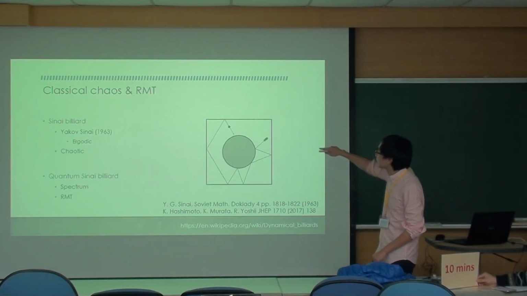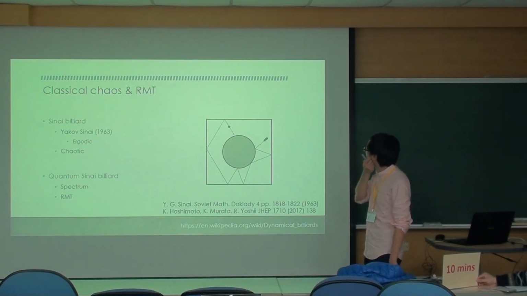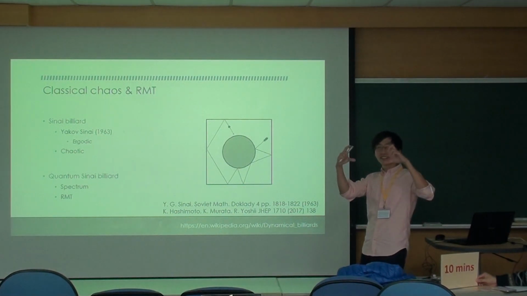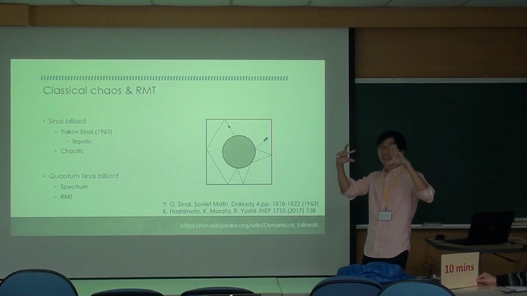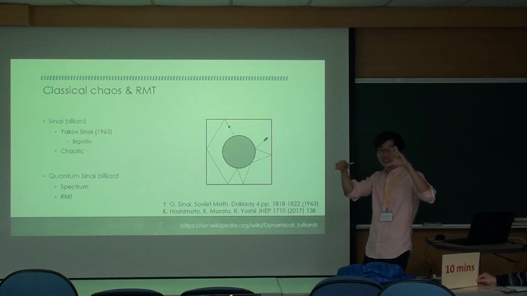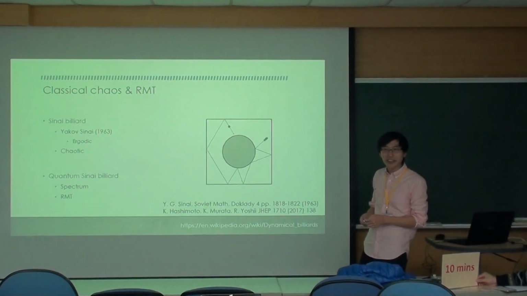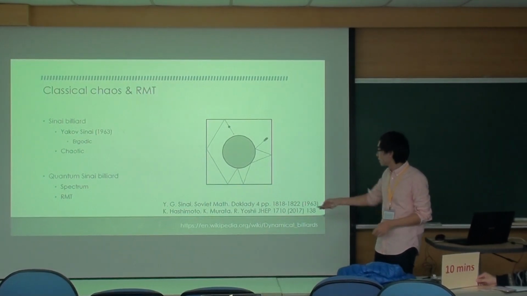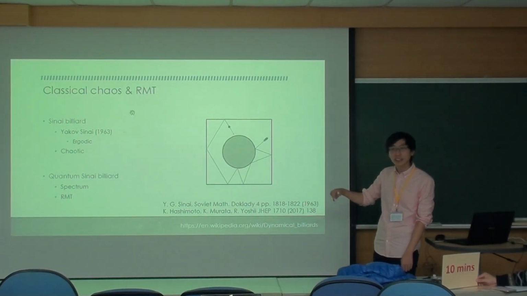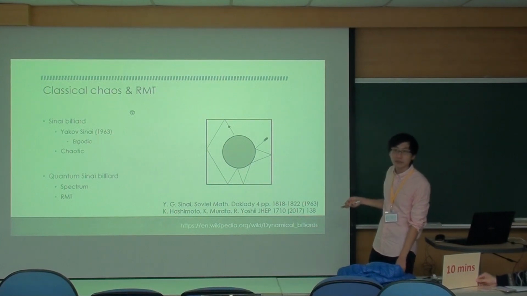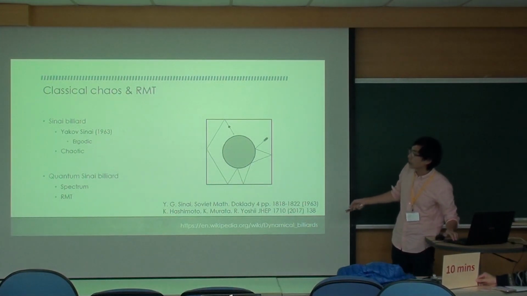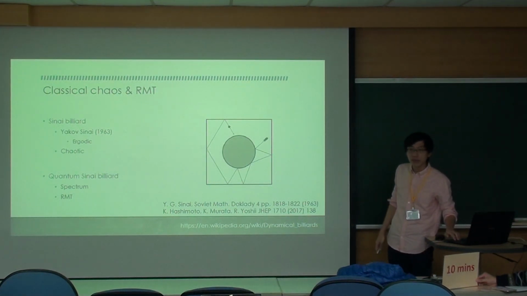I think you can deform the boundary to be elongated, so you have two half circles and then link them together. That is also chaotic. In their paper, they study many different types of these billiard systems. But they only look at OTOC, but not the spectral form factor.